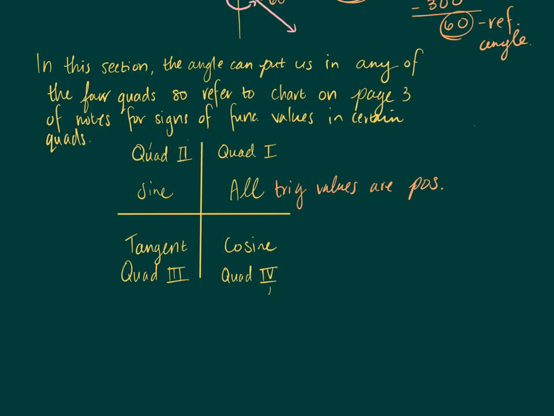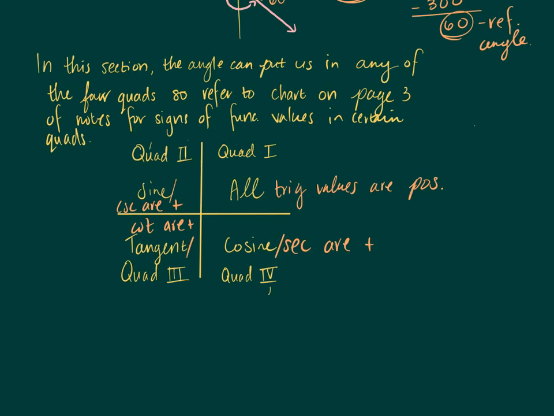In quadrant 2, sine and therefore cosecant are positive. Okay. In quadrant 3, tangent and thus cotangent are positive. And in quadrant 4, cosine and thus secant are positive. Okay? So then whatever's not listed here must then be negative.